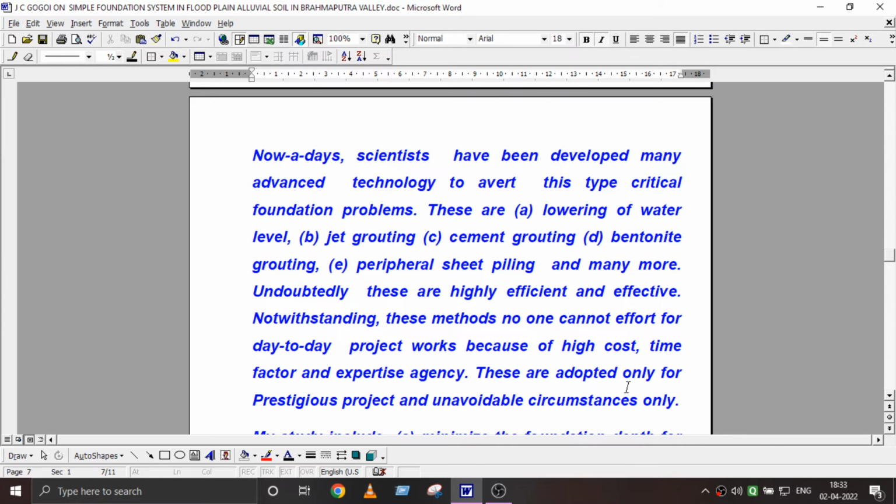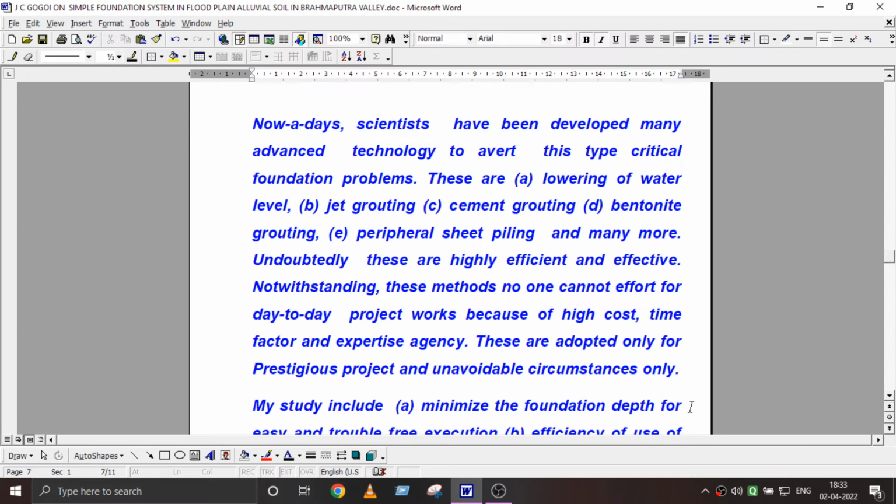These are adopted only for prestigious projects and unavoidable circumstances only. Like jet grouting and cement grouting, these methods were used in Naranarayan Setu, the bridge over river Brahmaputra at Jogighopa.